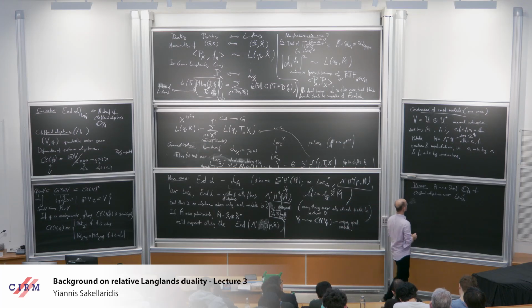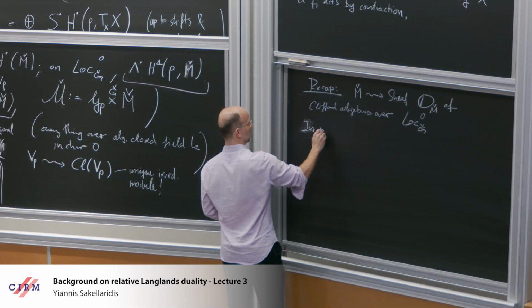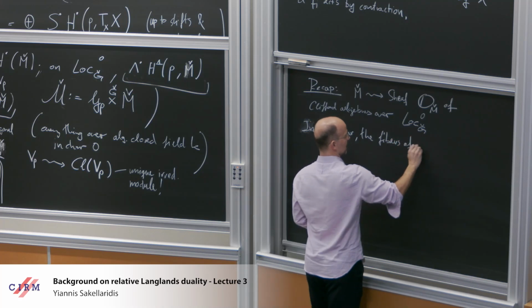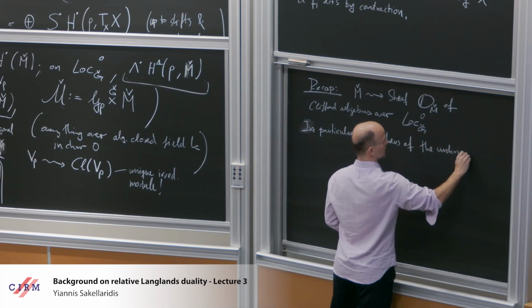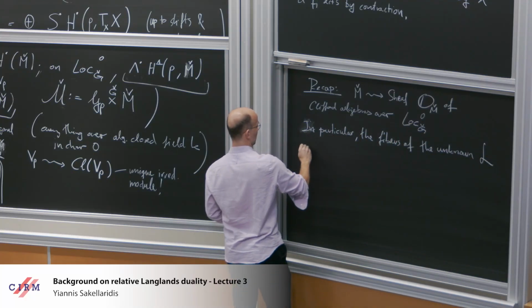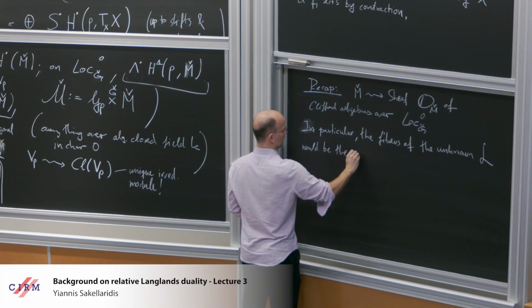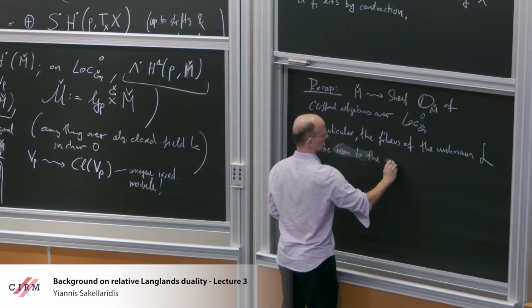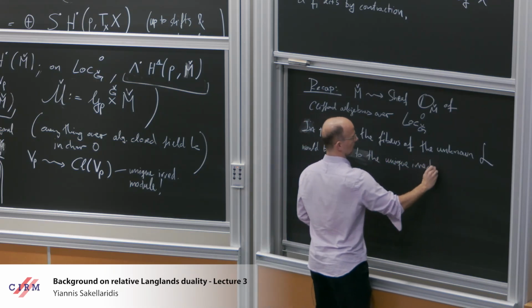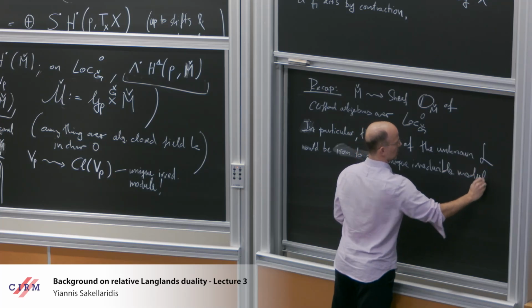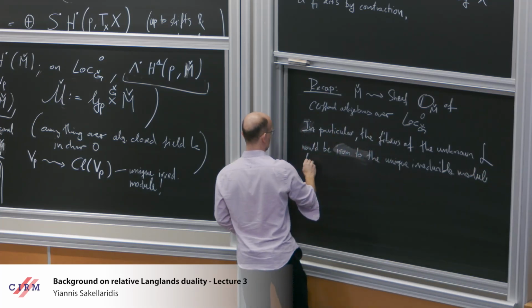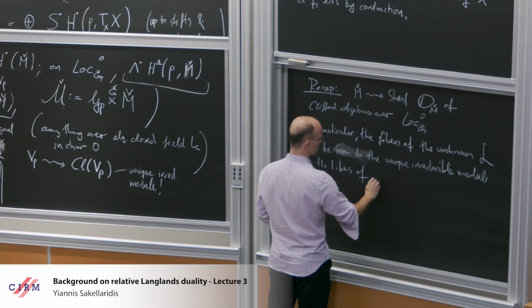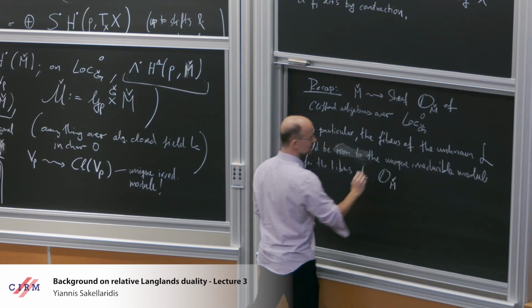So, in particular, the fibers of this unknown L-sheaf would be isomorphic to the unique irreducible module for the fibers of the sheaf of Clifford algebras.